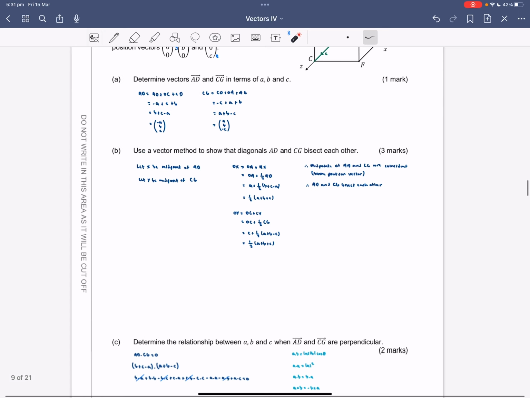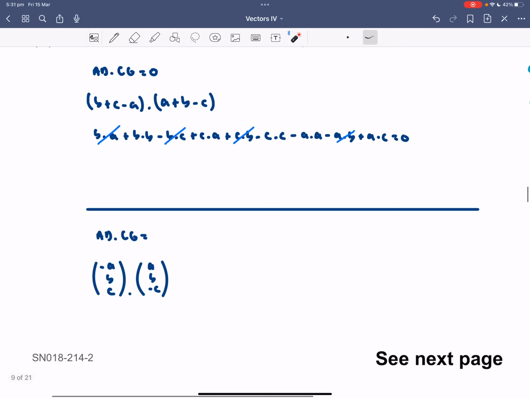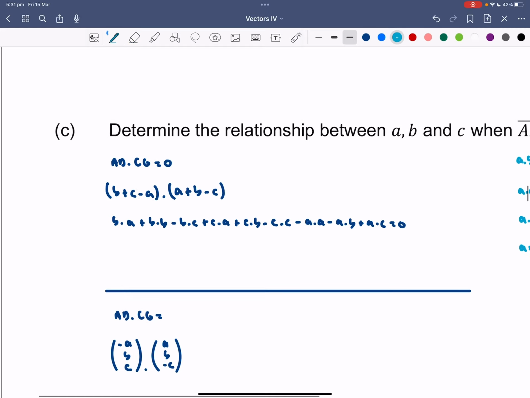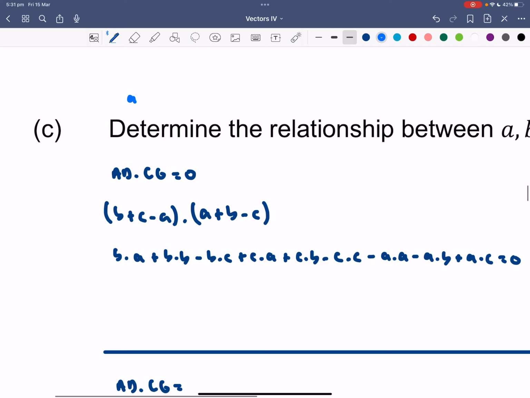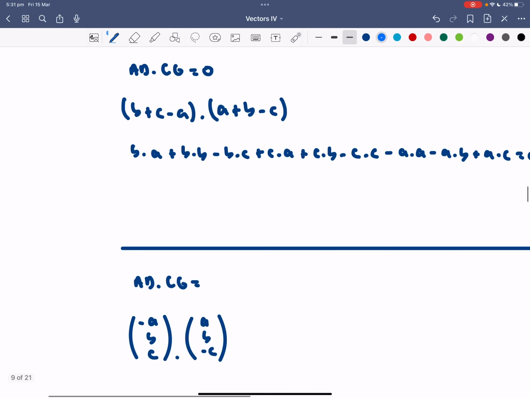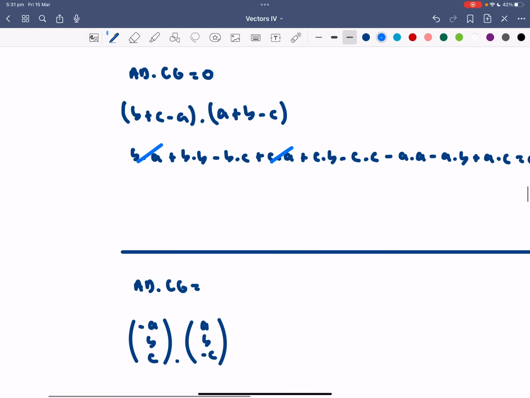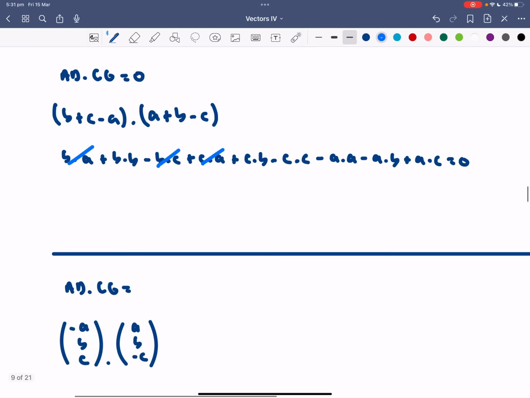Which means that theoretically, if I was to rub out all this, if I was to ignore all this, we should automatically know that since A is perpendicular to B, which is perpendicular to C, all these dot products are just 0 without even things crossing out.